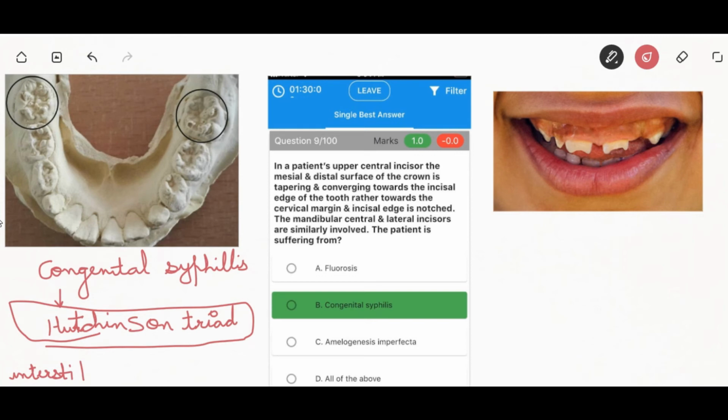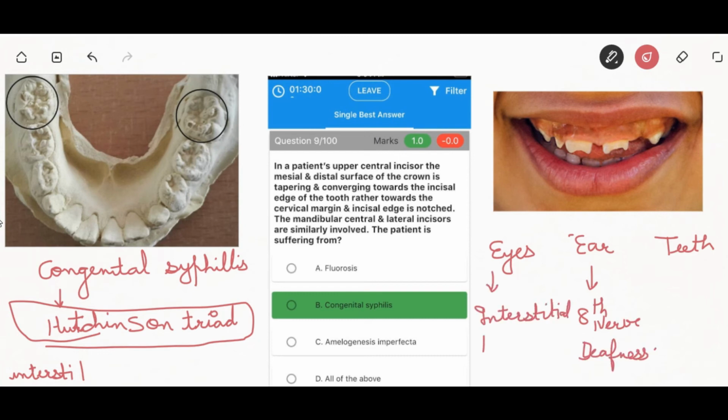Hutchinson triad means there will be involvement of 3 structures: number 1, ears, number 2, eyes, and number 3, teeth. If the ears are involved, you will see 8th nerve deafness. If the eyes are involved, then you will see interstitial keratitis. What is interstitial keratitis?